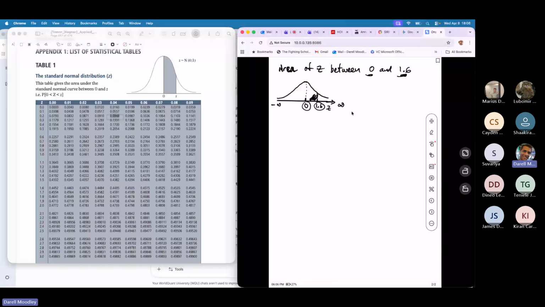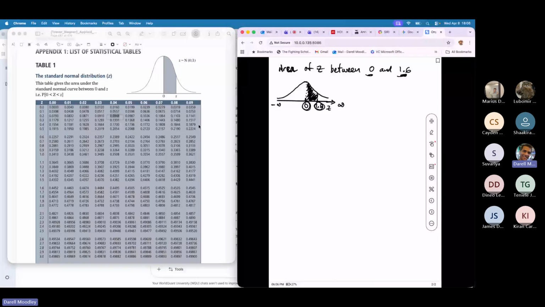So the area between 0 and 1.6, here's 1.6 on the horizontal axis, here's 0 on the horizontal axis. If I want the area between those two, then what I'm asking for is this area here under this curve. Now, what this table on the left does is it gives you that area: any area between 0 and some specified Z value.